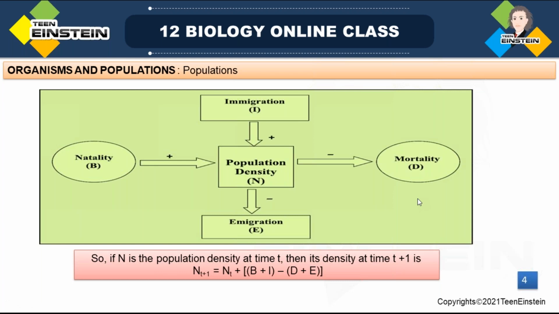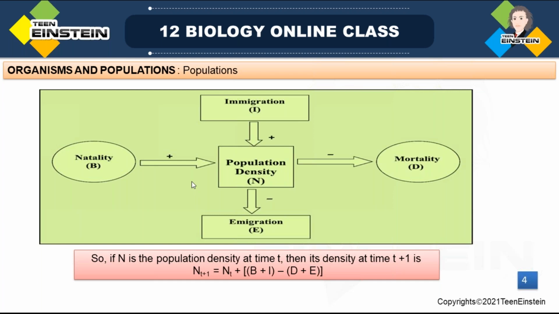In the same way, if the number of deaths is more compared to births, we can say that population density is decreasing. So under normal conditions, population density depends mainly on birth and death rate.